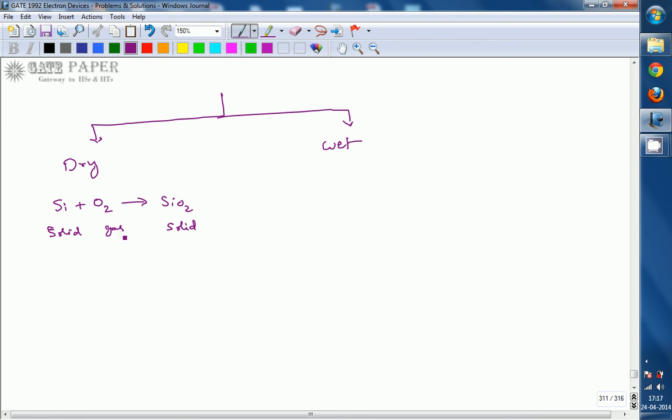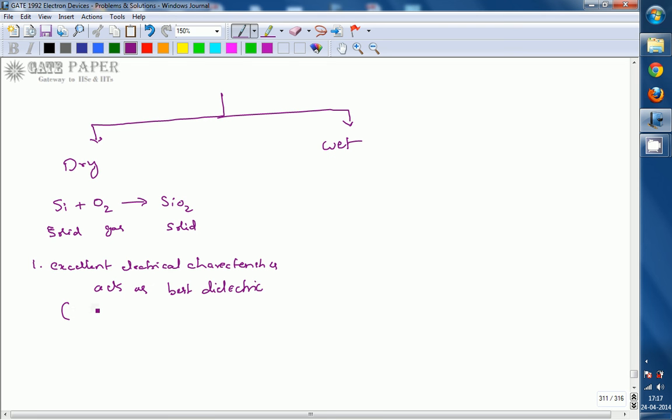Dry oxidation has an important characteristic: excellent electrical characteristics. This means the silicon dioxide produced using dry oxidation can act as the best insulator, the best dielectric, so it is used wherever a capacitor has to be formed.